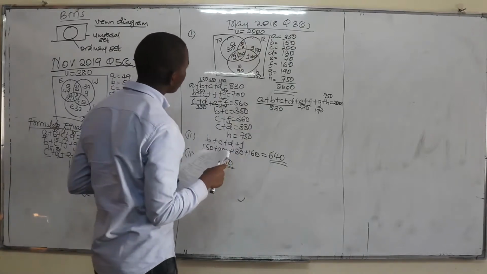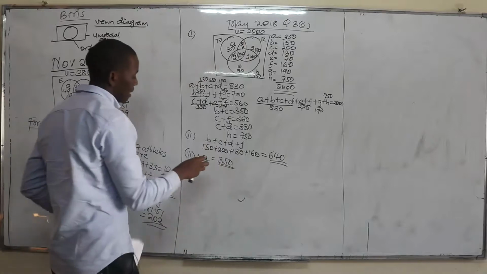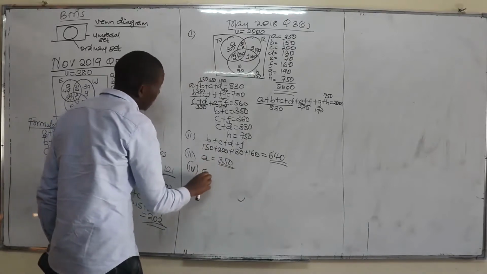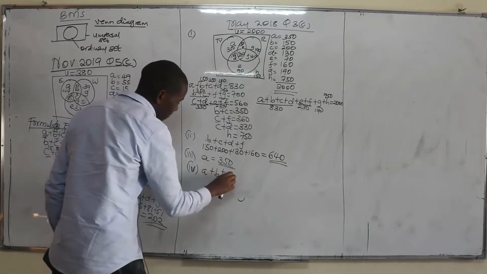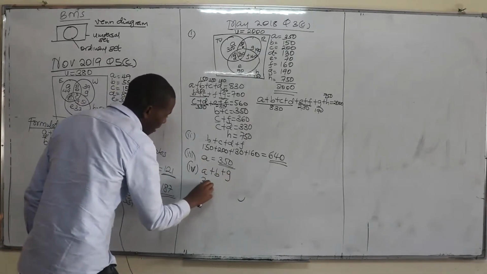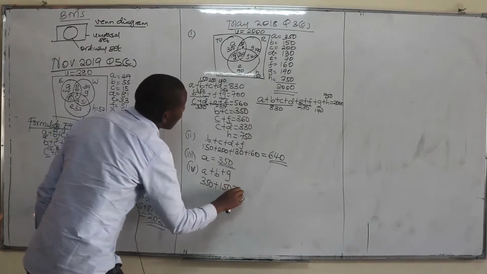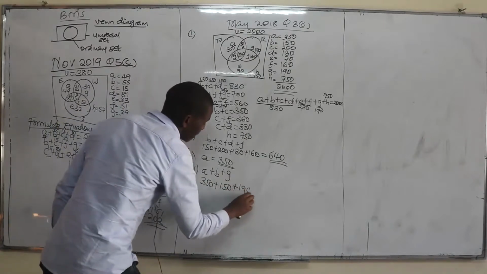In that case, it is A, B, and G. A is 350, B is 150, and G is 190.